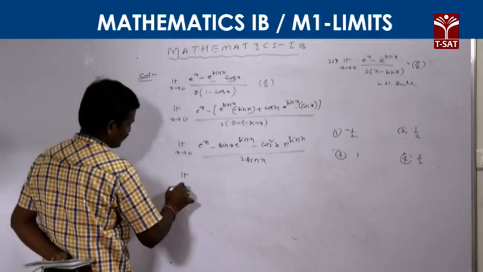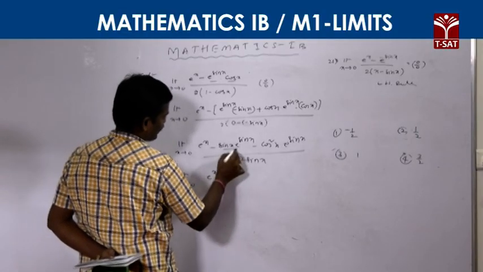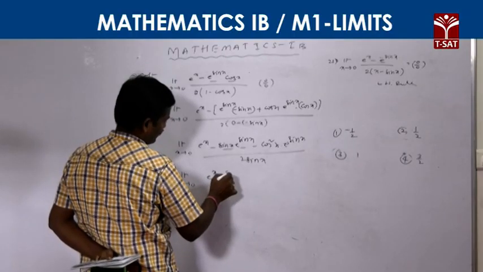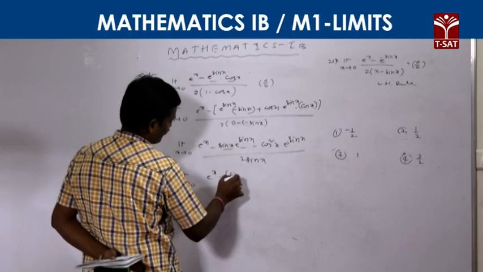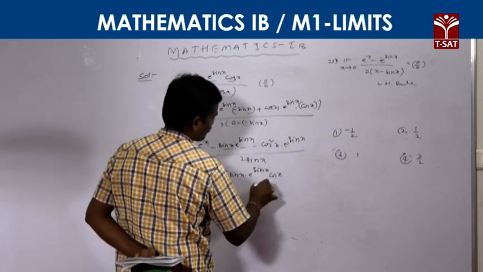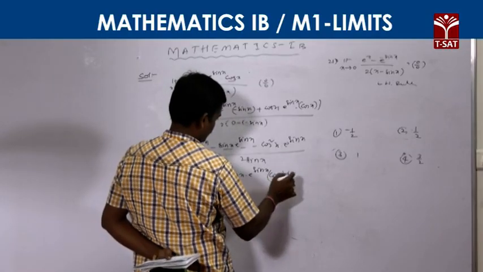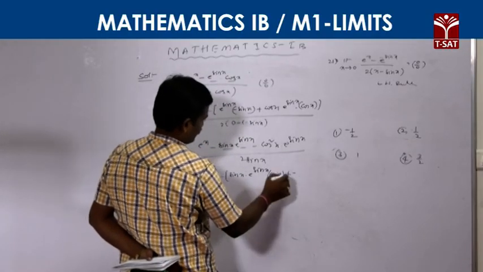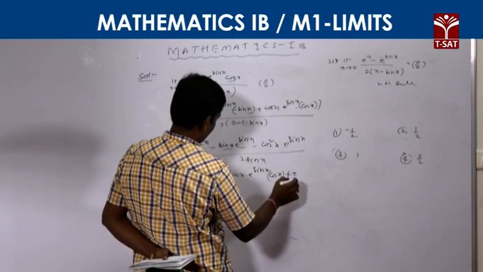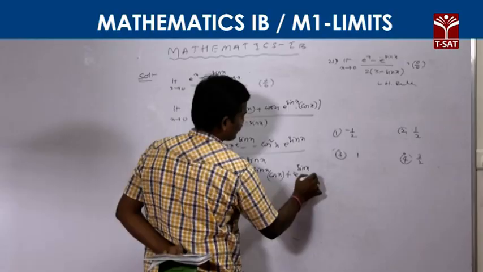Limit x tends to 0, again go for the next derivative, third order. So e^x is e^x, again uv. Minus common of sin x into derivative of e^(sin x), which is e^(sin x) into cos x, plus e^(sin x) as it is into derivative of sin x, which is cos x.